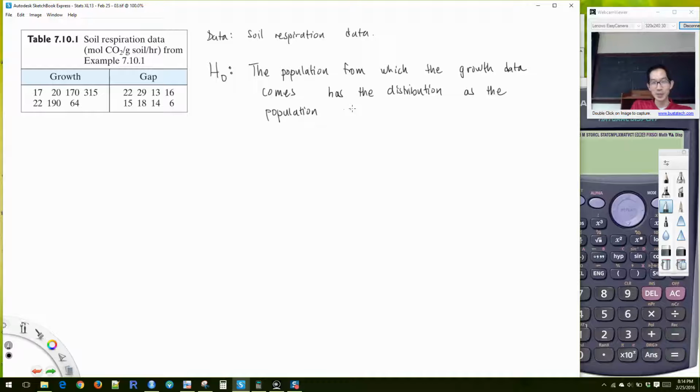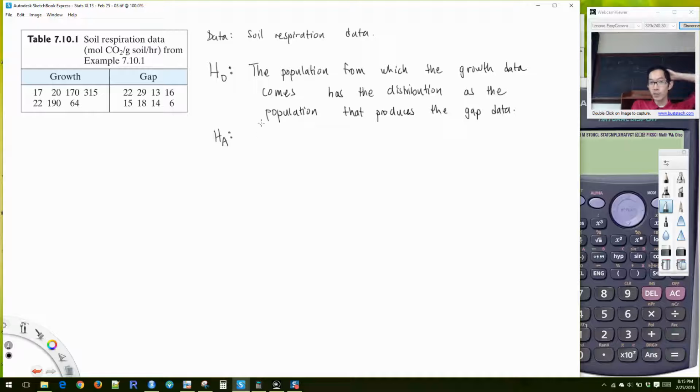I don't know why I'm saying "from which." The population that produces the growth data has the same distribution as the population that produces the gap data. Okay, that's fine.